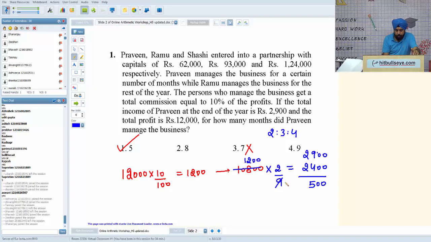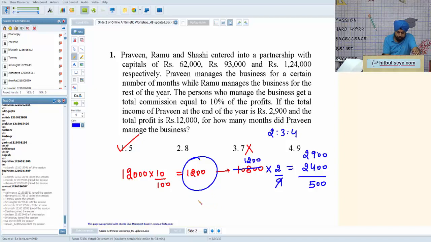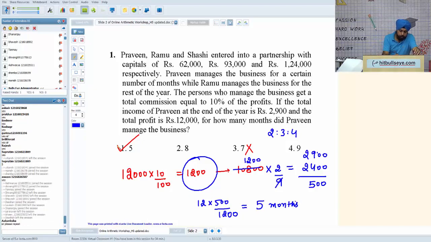Now students, we know that 1200 rupees has been kept aside for managing the business for 1 year, that is 12 months. If 1200 rupees is there for 12 months, then 500 rupees will be there for how many months? Can you calculate that? It will be 500 by 1200 into 12, and your answer shall come out to be 5 months. Right students?